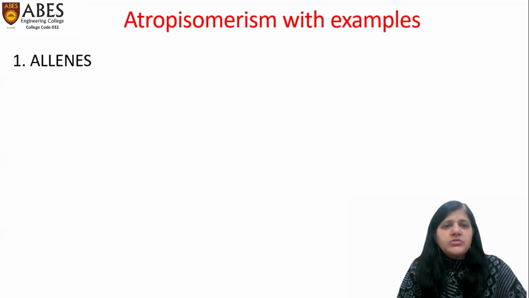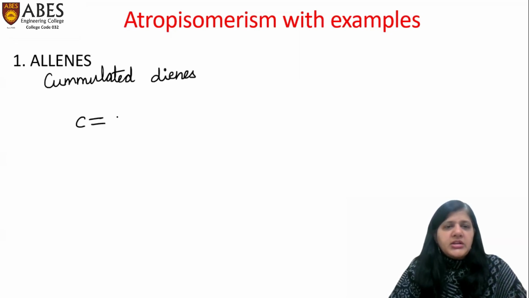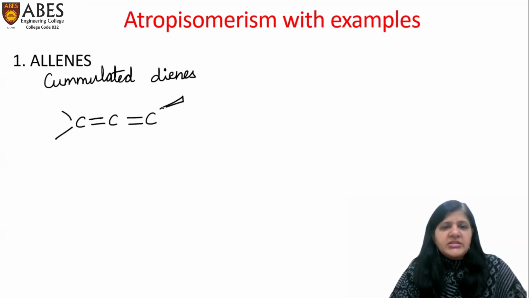Another class of compounds which show this phenomenon is the allenes. Allenes are cumulated dienes. Cumulated dienes means they have the double bonds continuously like this. This allene has two carbon double bonds which are perpendicular to each other.